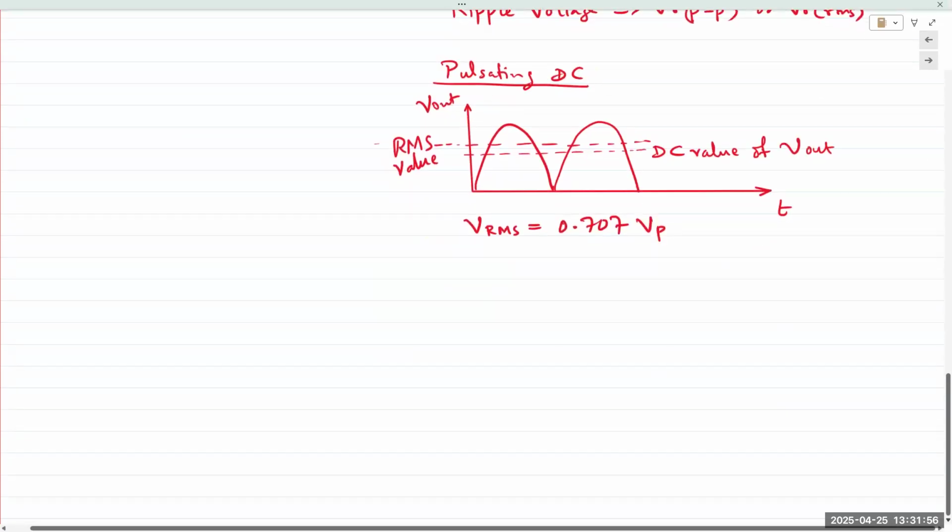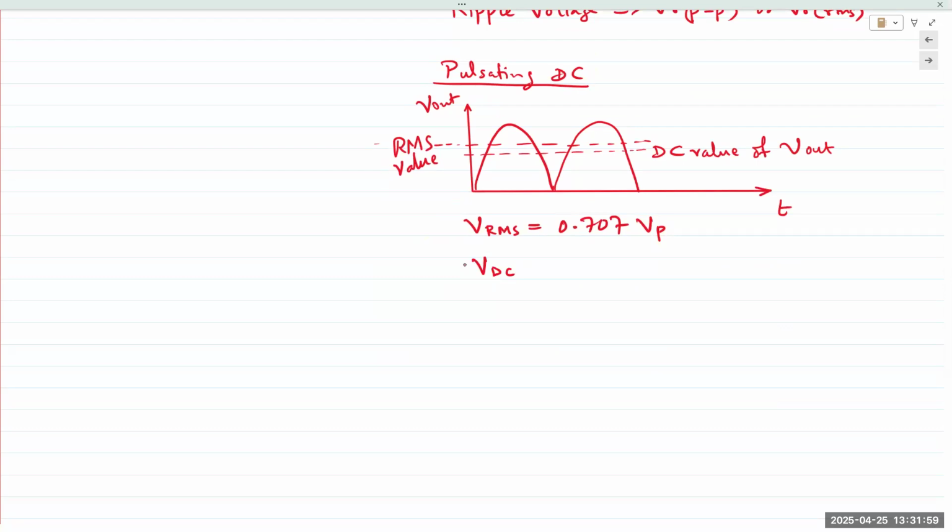So V out DC is 1 over T times the integral of VO of t dt. You integrate the waveform over one time period, and you average it out.